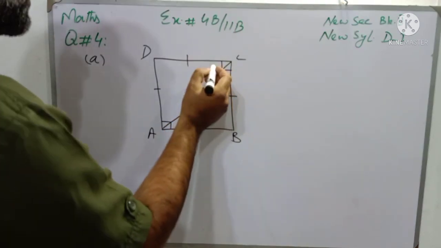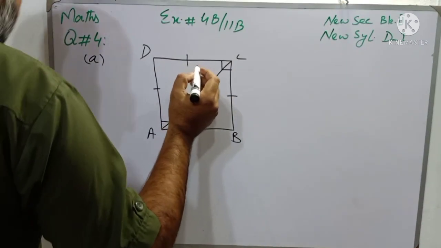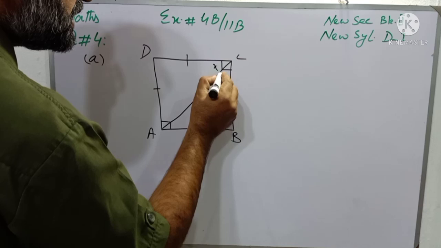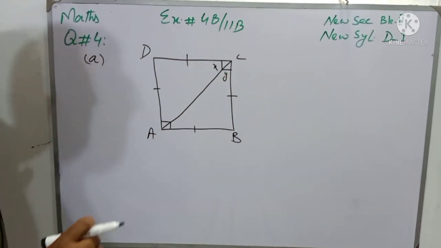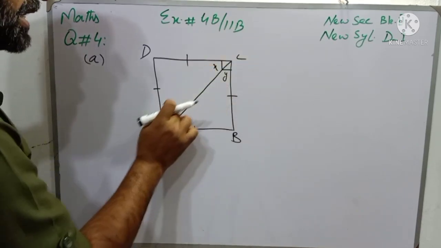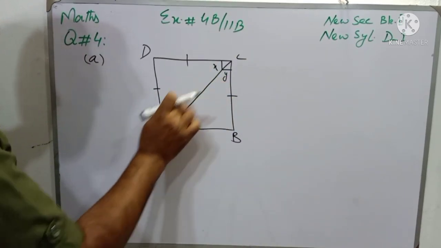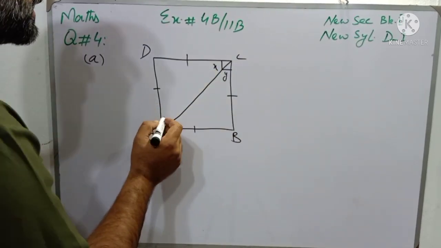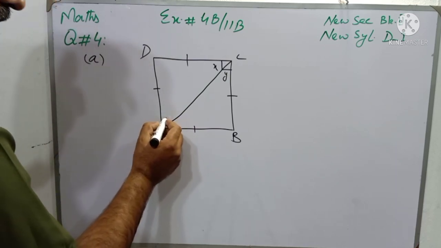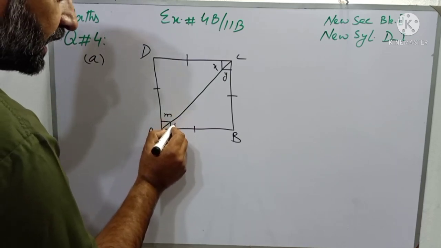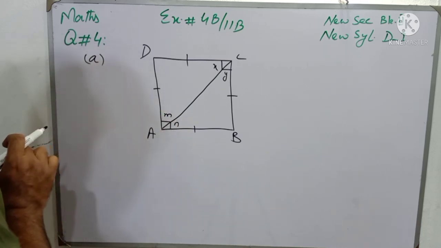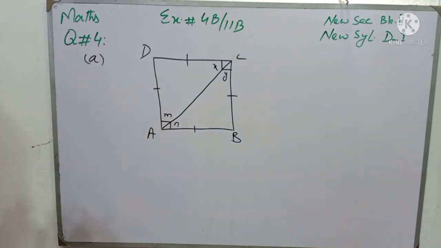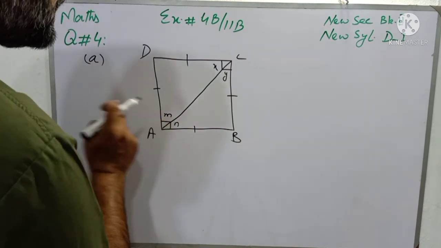I mean to say, if we name this angle as angle X and this angle as angle Y, then angle X and angle Y will be equal because the diagonal of a square bisects the angle, as well as if I name this angle as M and this angle as angle N, angle M and angle N will also be equal, and both are 45 degrees each.